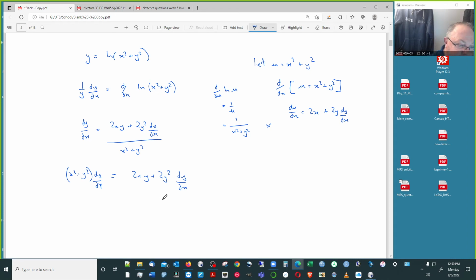So the only way to expand the terms, I'm just wondering about this left hand side.